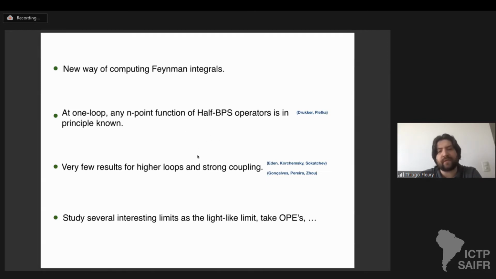And very recently, there was a computation at strong coupling of 5 20-prime operators. And also, once you know the expressions for these higher point functions, it's very nice to study several interesting limits, or take the light-like limit, take some OPEs to get some OPE data for non-half-BPS operators and higher point functions of non-BPS operators. So there are some interesting things to analyze once you have the final result.